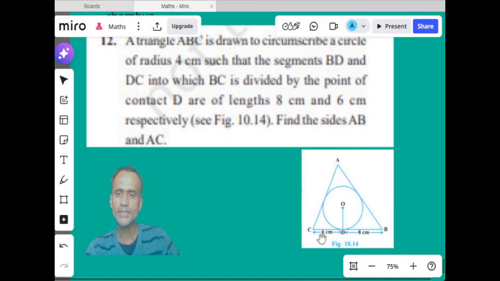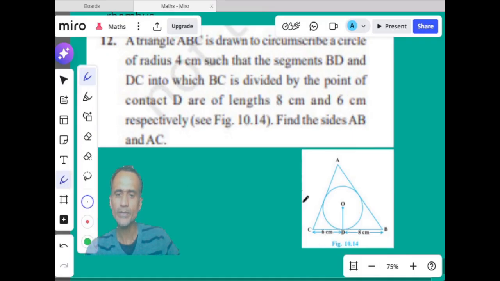From this one side we can only find a part of the other sides. Like this is 6, so this will be 6 centimeter, and if this is 8, so this will also be 8 centimeter. So only this much information is provided to us.